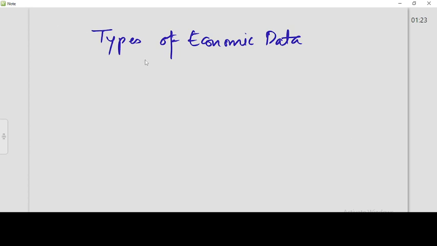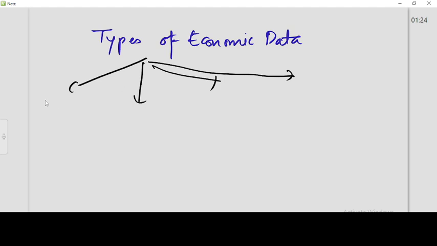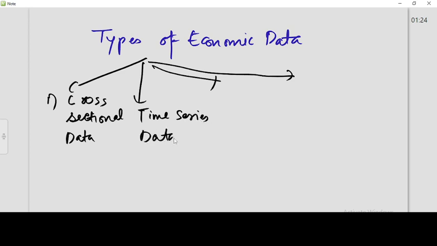So basically we have four types of economic data. Okay, so the first type is your cross sectional data. Then we have your time series data.